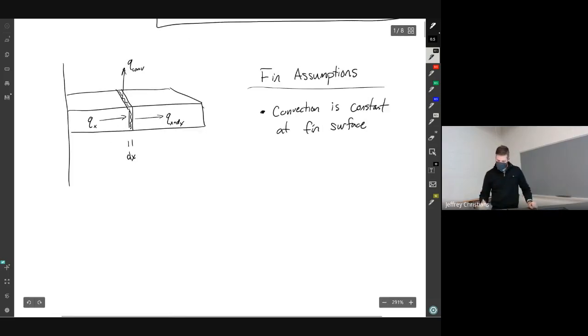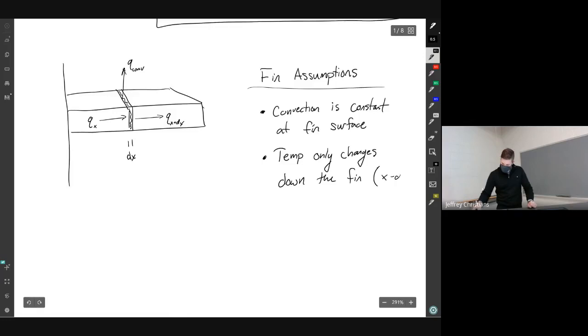The second major assumption that we had to build into this model was that the temperature only changes down the fin, in the x direction.